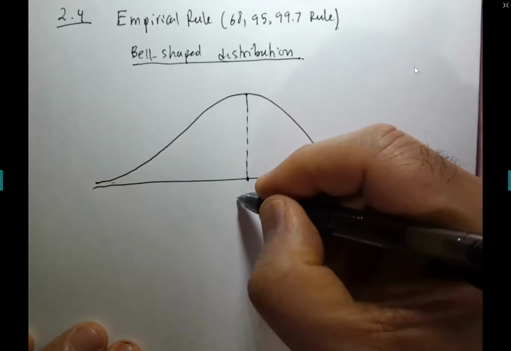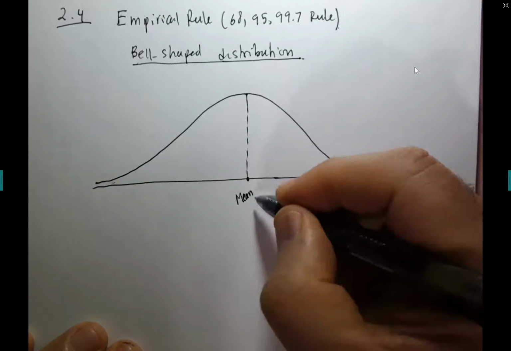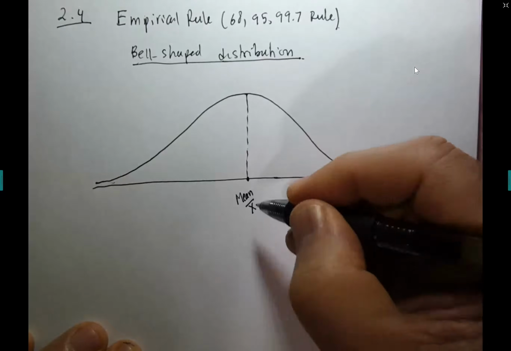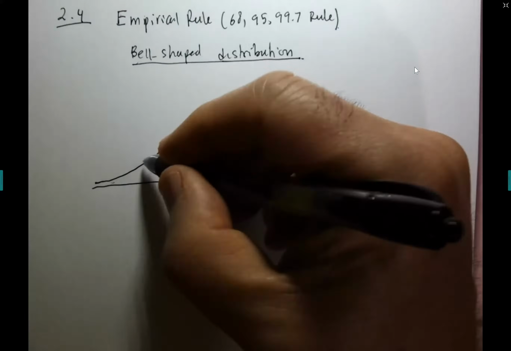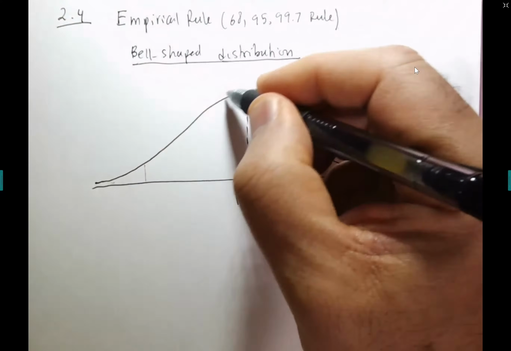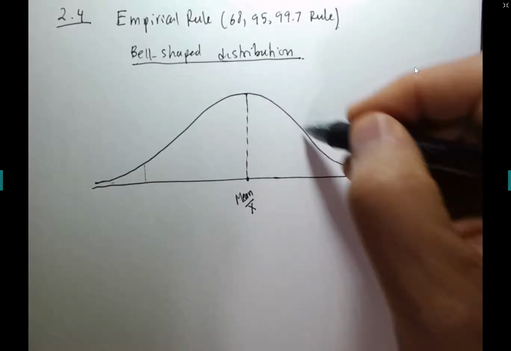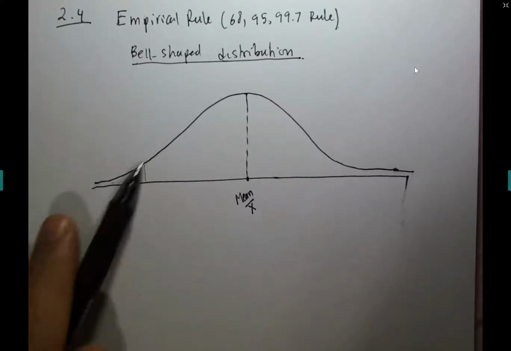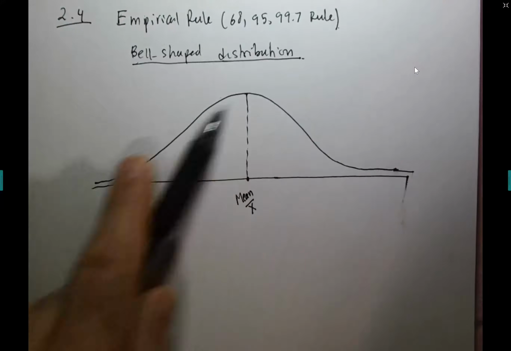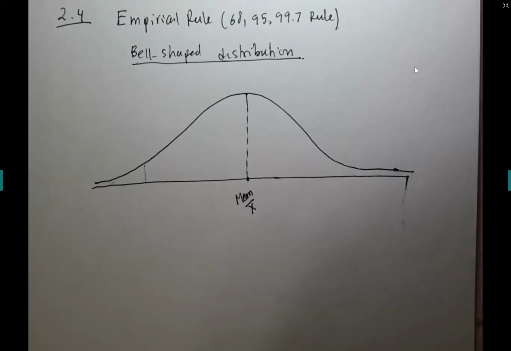This is the mean. We call it X bar. The data values, these are the histograms right here, but I'm just going to do the bell shape to give you a feel of what the data set looks like. So you have, let's say, 500 values, and you put them into StatCrunch and try to do a histogram, and it turns out to look like this shape. And this is what we call a bell-shaped distribution.